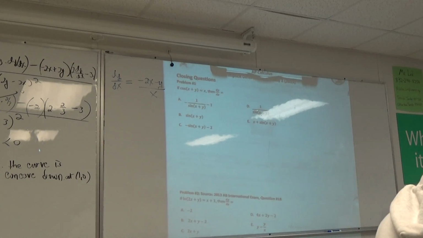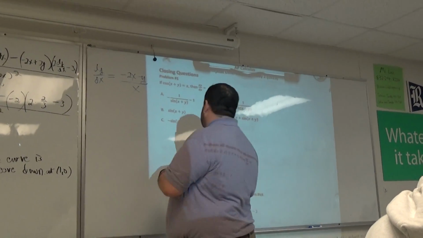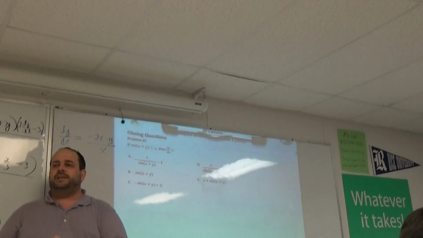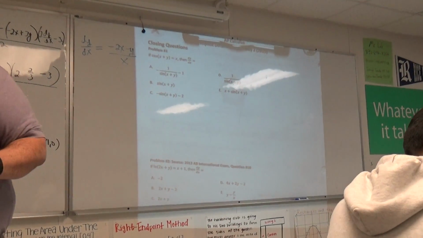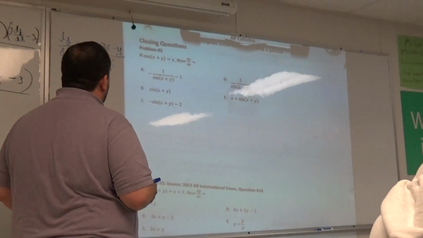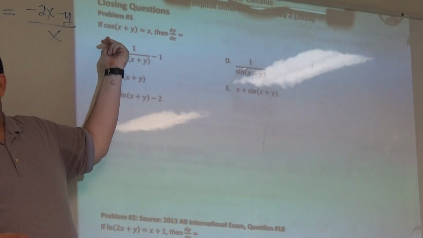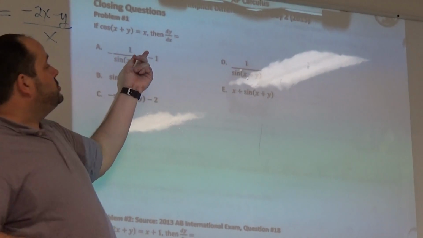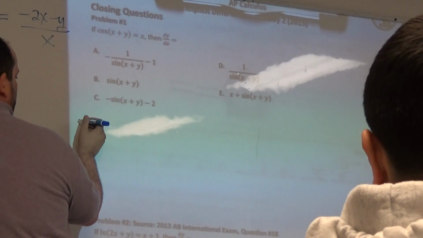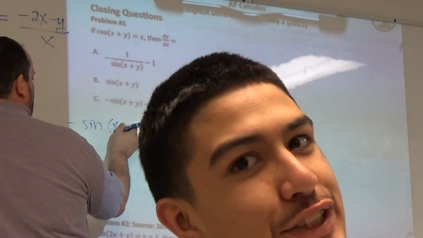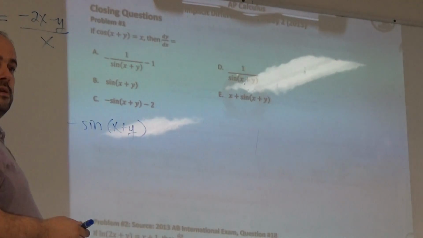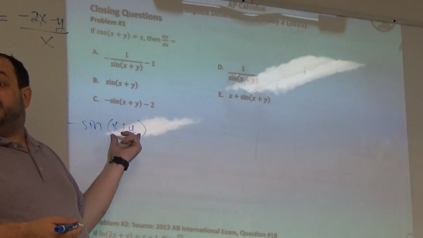So here's the good news. I got a chance to walk around and check in with a lot of groups. So many groups have a beautiful first derivative. I'm taking the derivative of cosine of stuff, right? So the derivative of cosine of stuff is negative sine of stuff times derivative of the stuff.